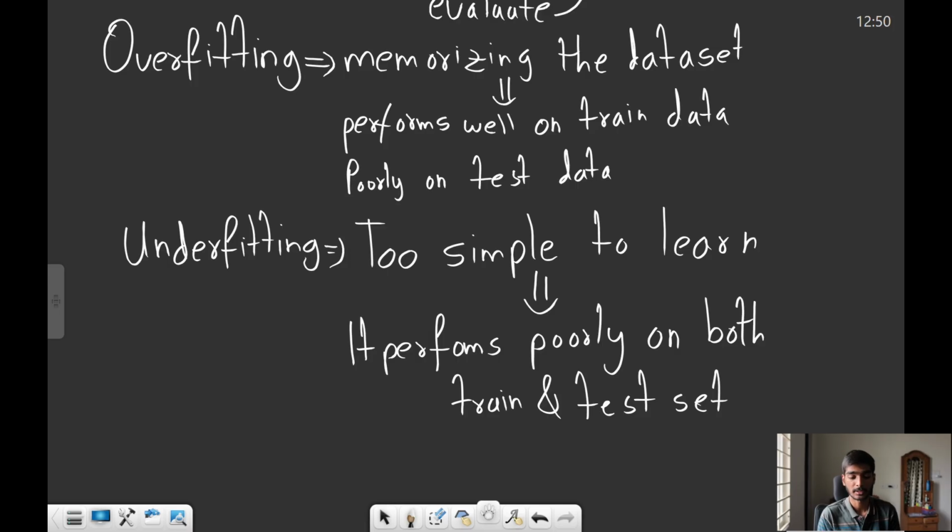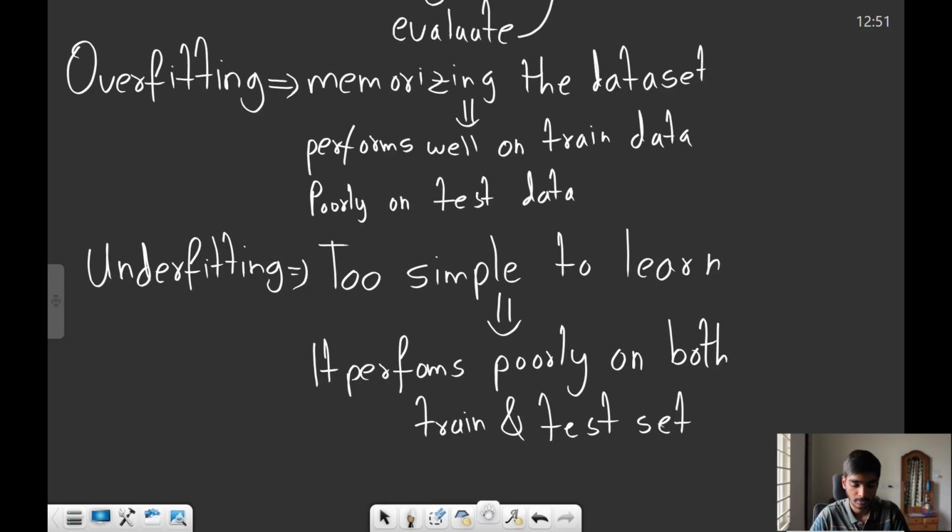We'll get to that in the deep learning part, where we plot the graphs in Colab and find out which epoch is correct between overfitting and underfitting. There are many factors that influence the model which might lead to overfitting or underfitting. One of them is the epoch count. Too many epochs, your model will overfit. Too few, your model will underfit, where it doesn't learn the underlying patterns. It is just too simple to learn them.